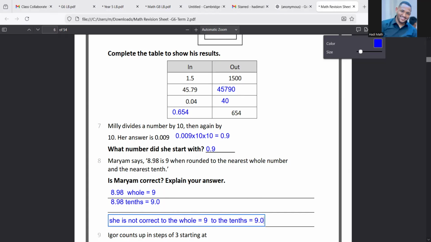This 0.0, you must leave it there. You're telling people that this number has been rounded. This actually is not the actual answer. So please remember this. Okay?